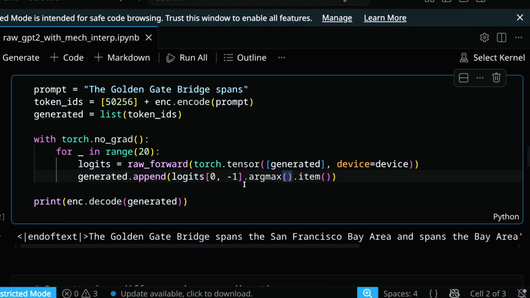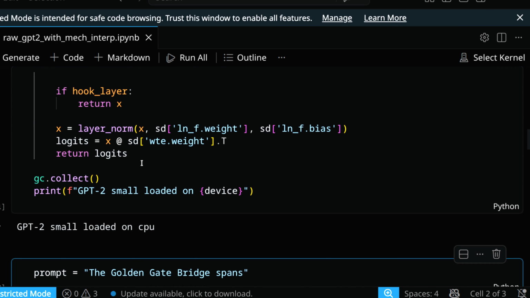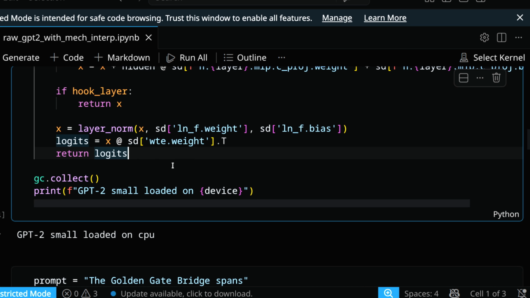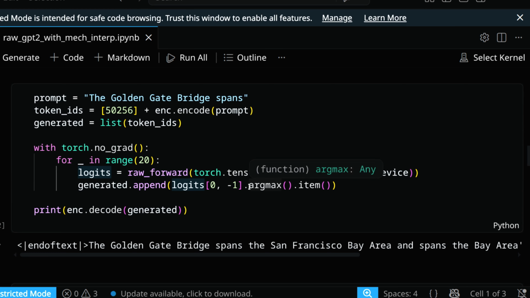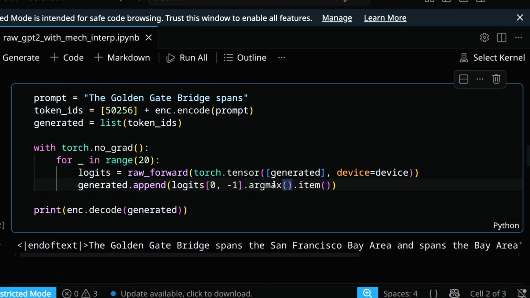Just say, hypothetically, location 0 is the word cat, location 1 is the word dog, and location 2 is the word mouse. If it showed the highest number from the logits in location 1, then since location 1 represents dog, it would say location 1.item, or the argmax, which would be the number 1.